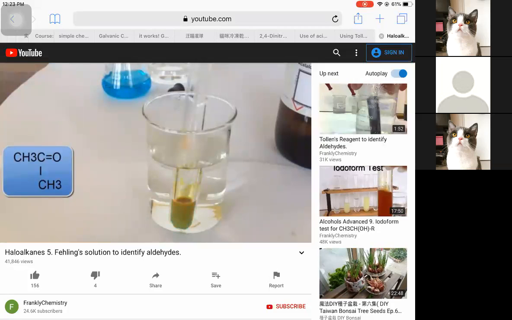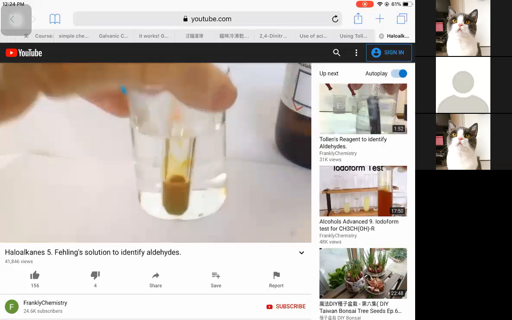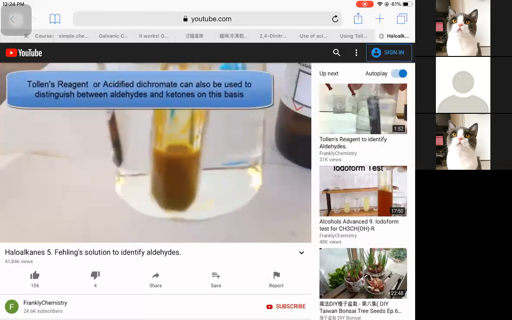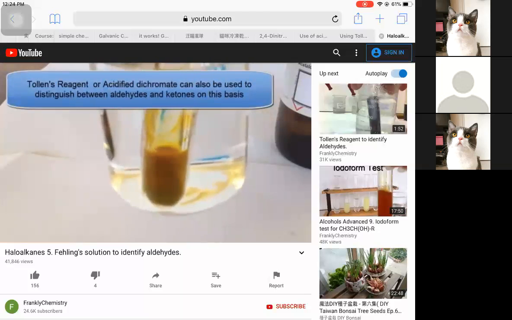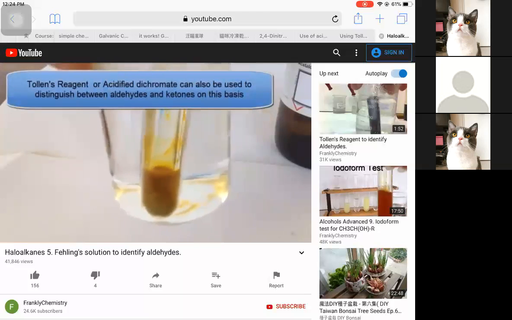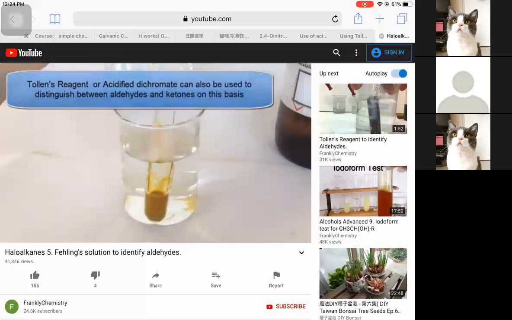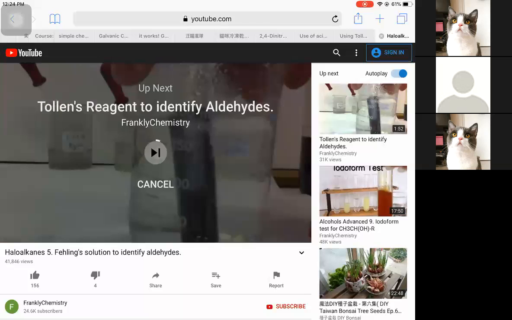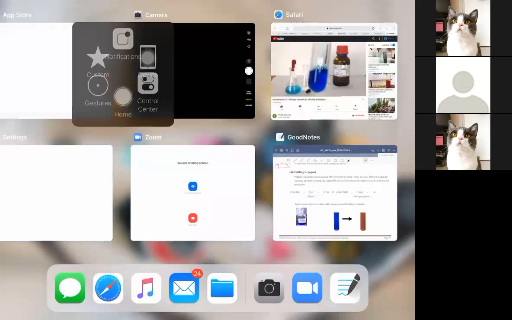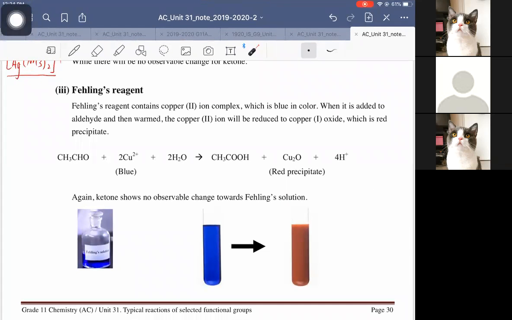Okay, so after settling for some time, you will see the copper-1 formed. Okay, so these are the 3 reagents that we can use to distinguish aldehyde and ketone.